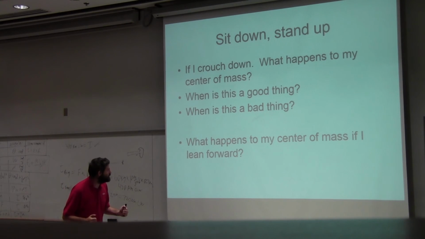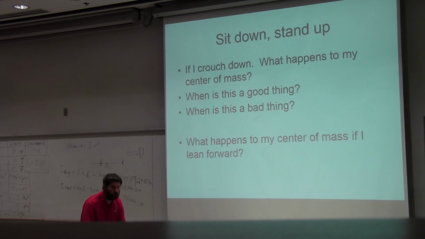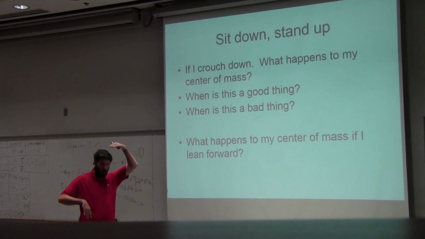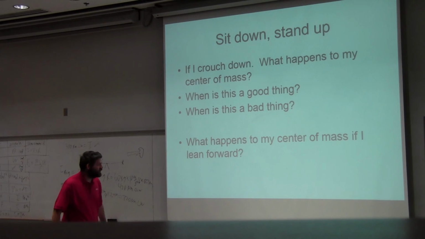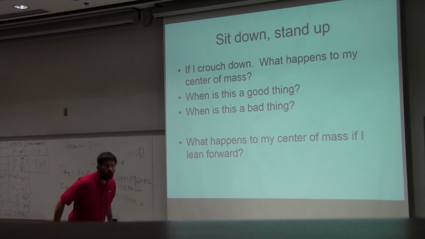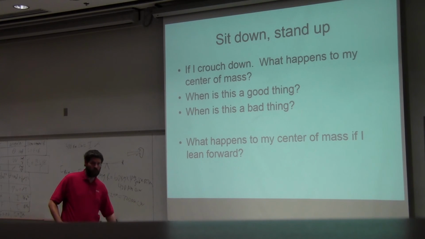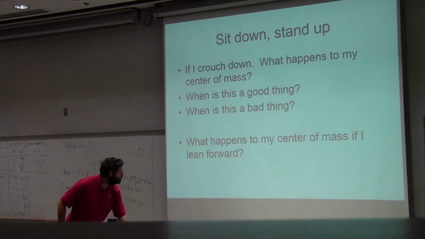As I crouch down, what happens to my center of mass? Well, my average mass now goes down because I have more mass closer to the ground and less mass above the ground, and so my center of mass will lower. If I lean forward, my center of mass will now move in the horizontal direction because I now have mass this way, and it'll move that way.